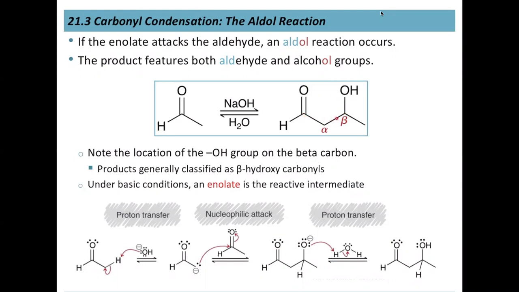And since we have an aldehyde and an alcohol, this is known as the aldol reaction, coming from aldehyde and alcohol. Notice here we have the alpha carbon to this carbonyl.